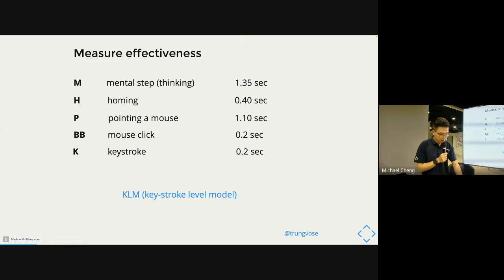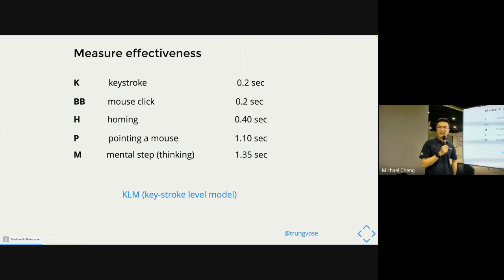So if we look at it in order, you can see that keystroke seems to be the fastest, and then the mouse click, of course. But if you move around using the mouse and switch back to the keyboard, during that time it unconsciously takes you a bit longer, which you don't even realize. It's just something you do every day.